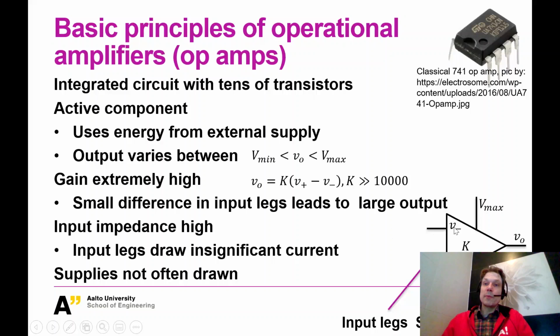Input impedance is very high, so it doesn't draw current itself. It's supplied by other current, but when we are doing the signal analysis, we assume no current flows in the amplifier. We also assume that the gain is high, and the operational amplifier is linear in terms of gain.